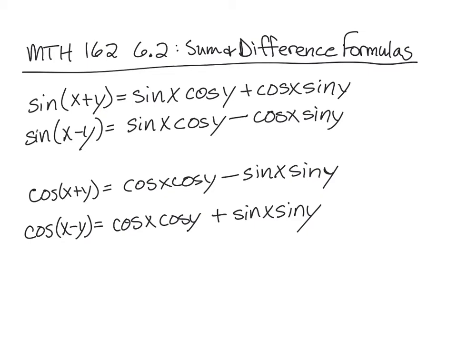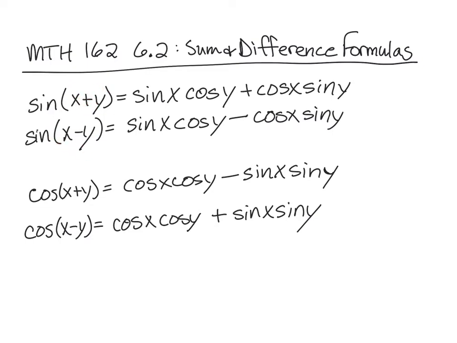So the way this formula works, sine goes first with that first angle, then it's cosine of the other, then you add, because you're adding here, then the cosine of the first angle, sine of the second angle. So the format of all of these is based on what's the first angle and what's the second angle.